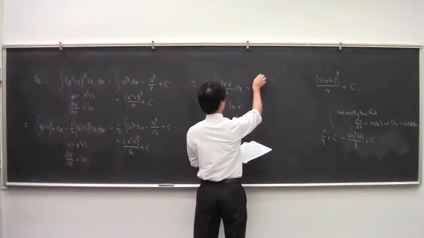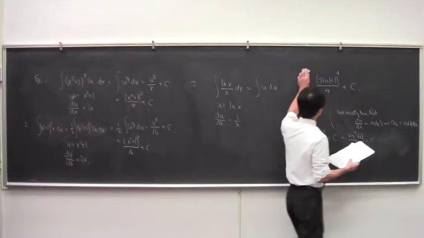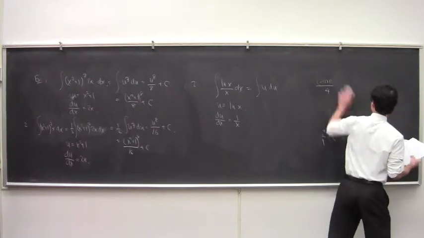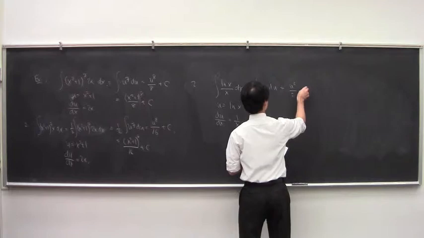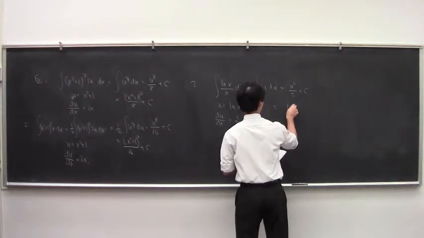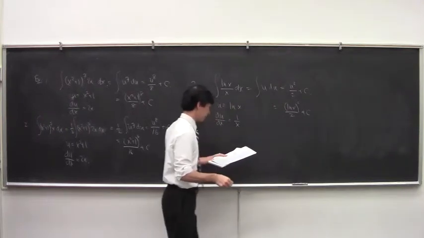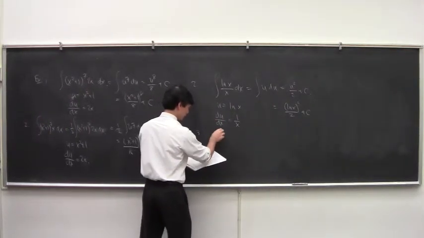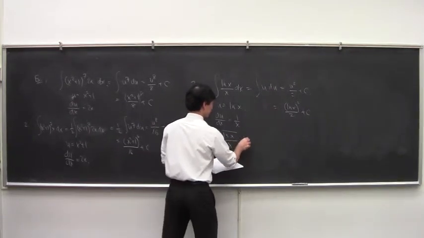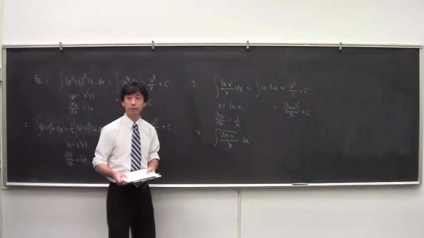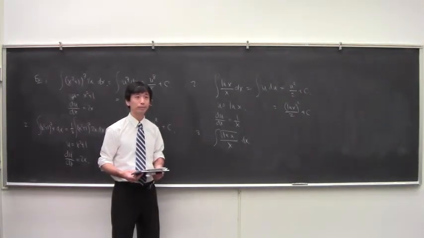So you end up with u du, u squared over 2 plus c. That's to say natural log squared over 2 plus c. Okay. Next one. It's the same sort of thing. The square root of the natural log over x. Somebody tell me what to do. What am I going to take as my u?